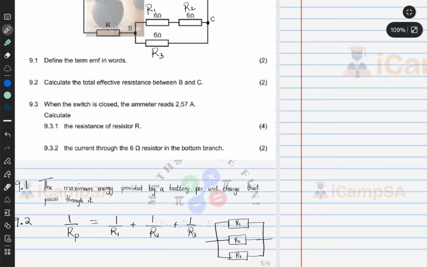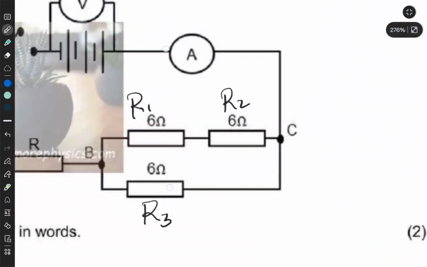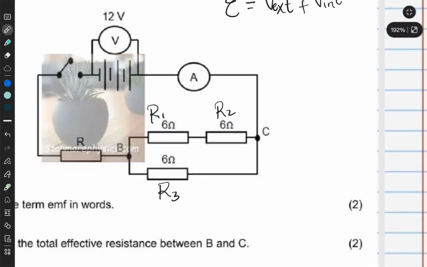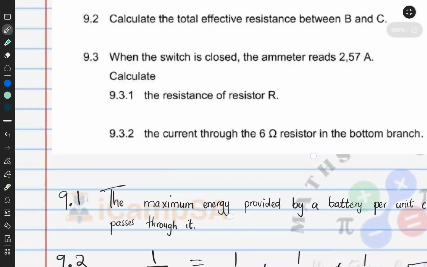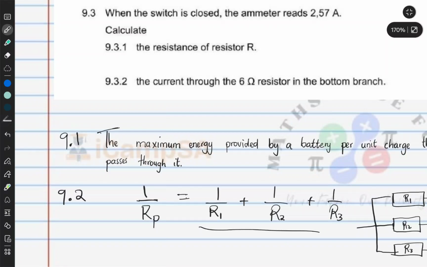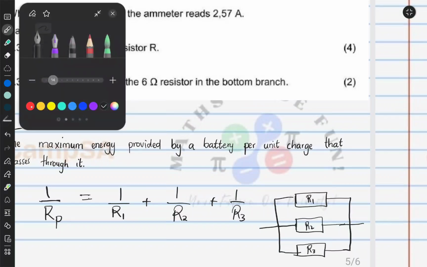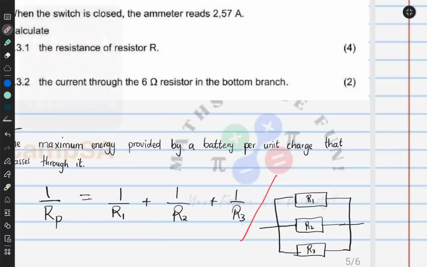But now there are two resistors in series here, and these two are parallel to the other 6 ohm resistor. So we must first combine R1 and R2 before applying this formula. Using it directly would give you a wrong answer.